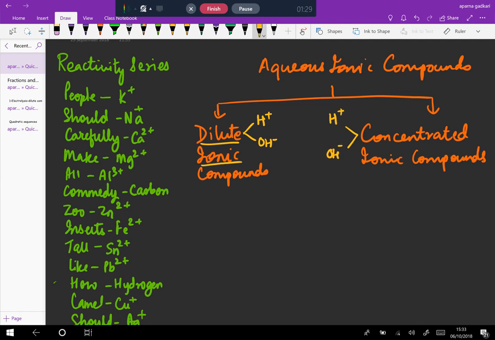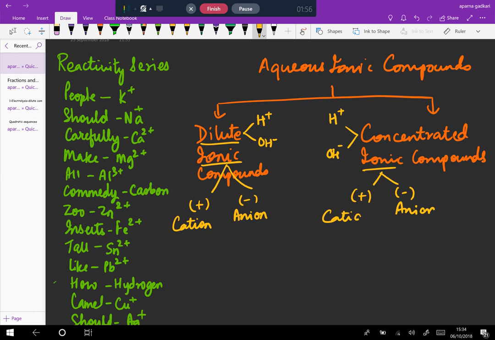Similarly, ionic compounds will give their own ions. Now they will give one positive ion and one negative ion. That means there will be an anion and a cation given by the ionic compound. Which anion and which cation will be decided by the ionic compound that we are using. So as of now, just remember that there will be a positive and a negative ion, that is an anion and a cation, donated by the ionic compound also.